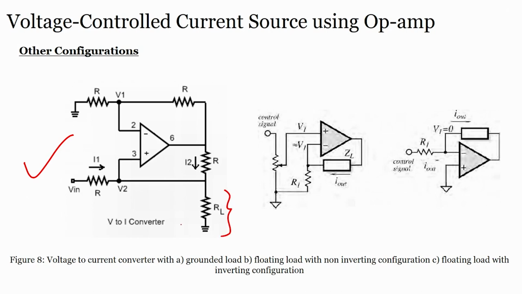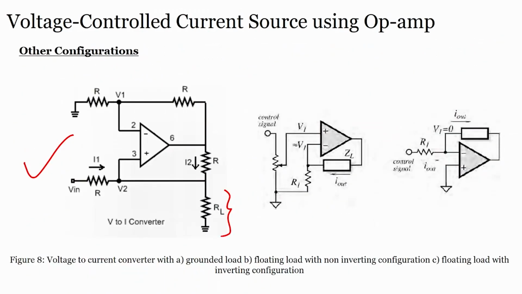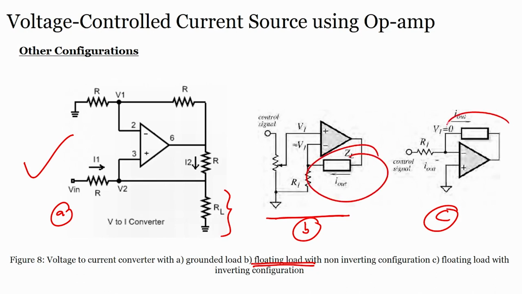The load was grounded earlier, right, but here, if I see this particular circuit, which I call B, this I am calling A, and this I am calling C, alright. If I use B and C, I see there is a floating load, you see the load is floating, here also the load is floating, it is not grounded. Whether I am using an inverting or non-inverting amplifier, that is another case.